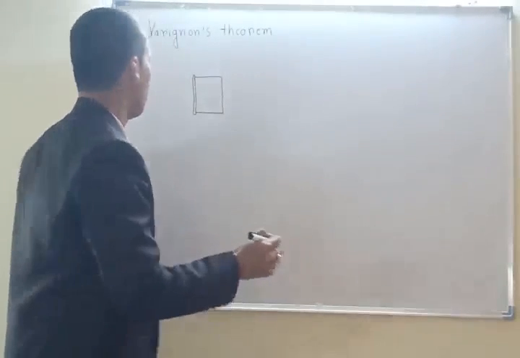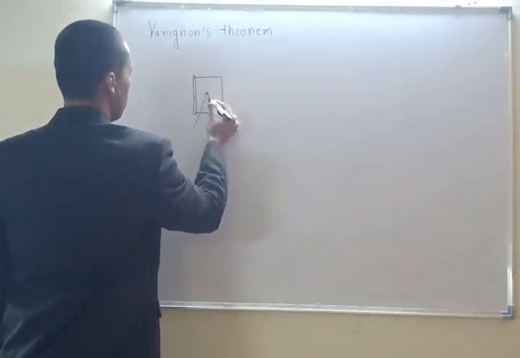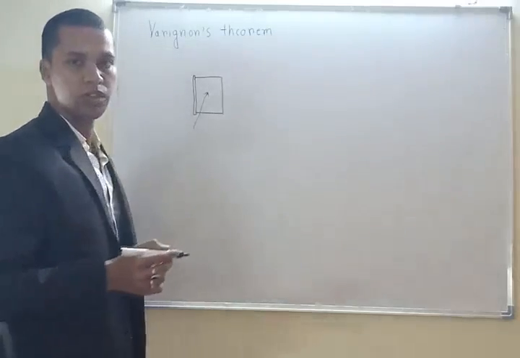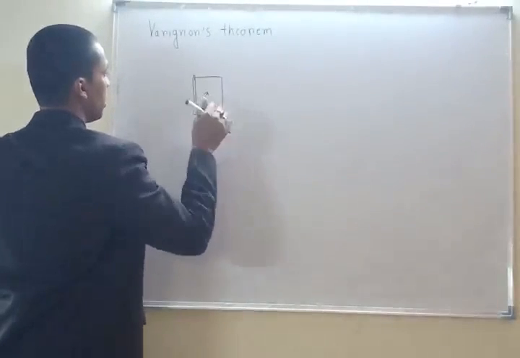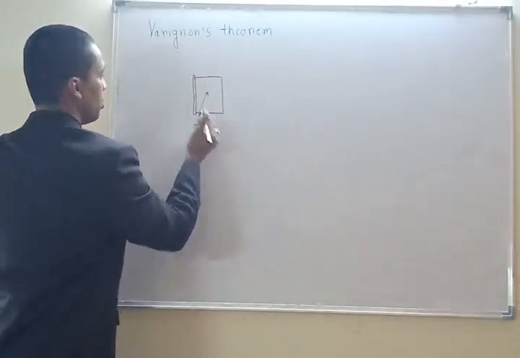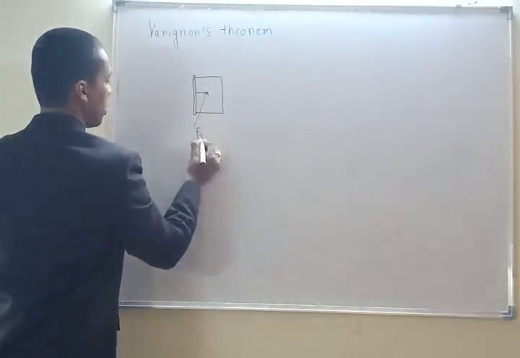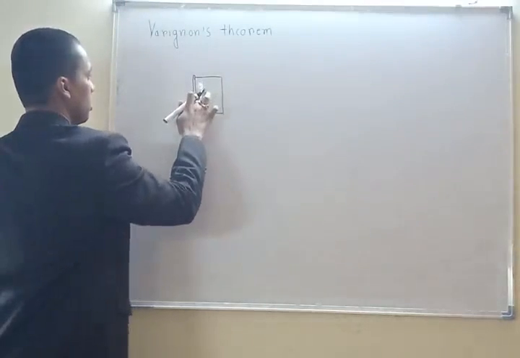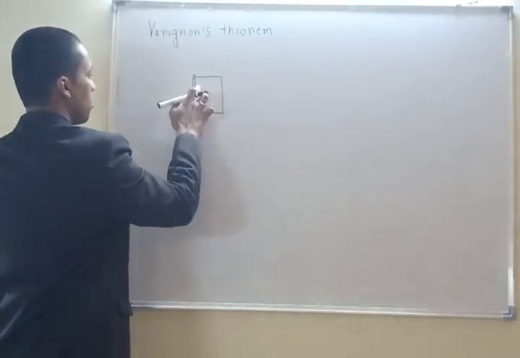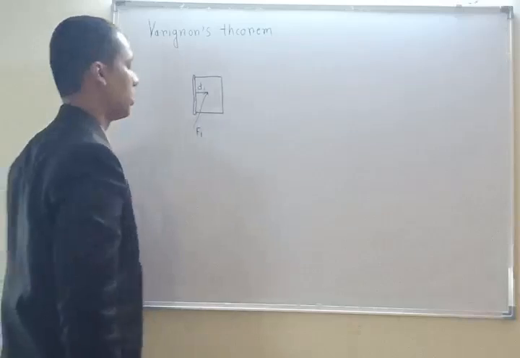To open it we give a force here, and the distance between the force and the hinge, this part is hinged and this part we can open. This force is F1 and this distance is D1. I'm writing it. Suppose this is D1.